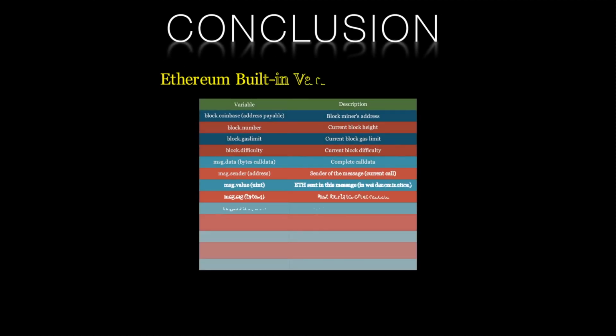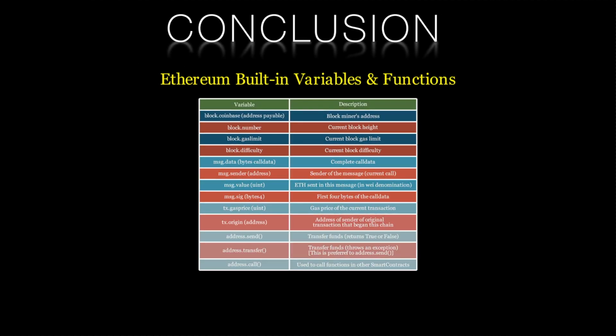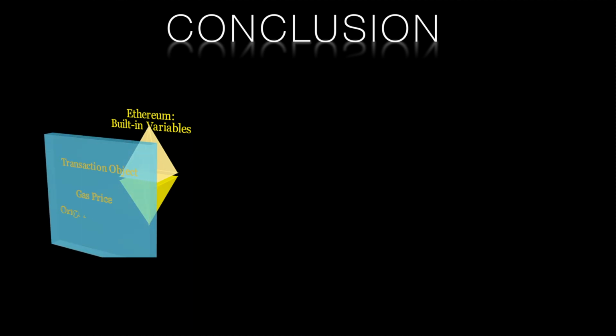So in conclusion, in this video, we've introduced the Solidity programming language, a powerful, high-level language similar in syntax and structure to Java and C++. Unlike those multi-purpose languages, Solidity is specifically designed to write DeFi apps on the Ethereum blockchain.